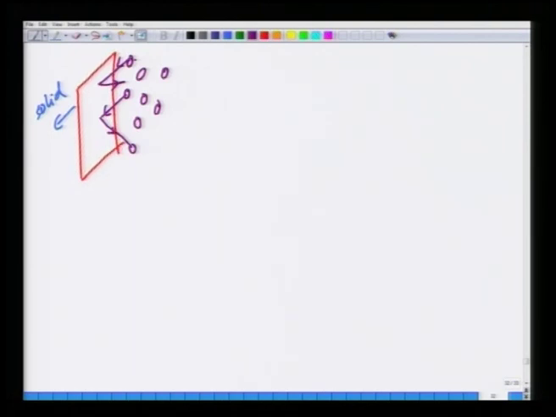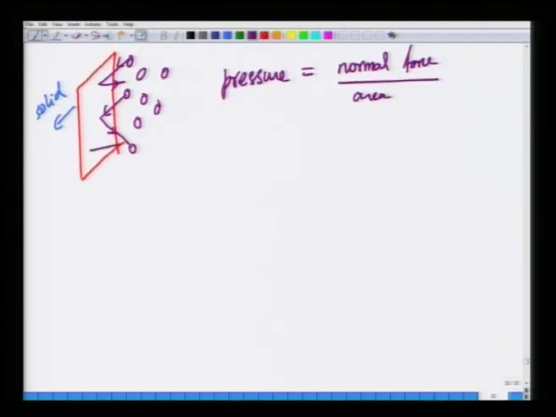So, the pressure is fundamentally defined as the normal force per unit area of the solid. By normal force, I mean the force that is perpendicular to the plane of the solid. If n is the unit normal to the solid, it is the force exerted by the fluid on the solid in the direction of the normal, per area of the solid.